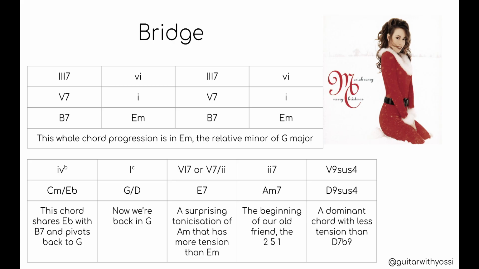A B7 has B, D sharp, and F sharp. The 4 chord, the C minor, has C, E flat, and G. Now, just because they're called different names, people often overlook that D sharp and E flat are the same note.